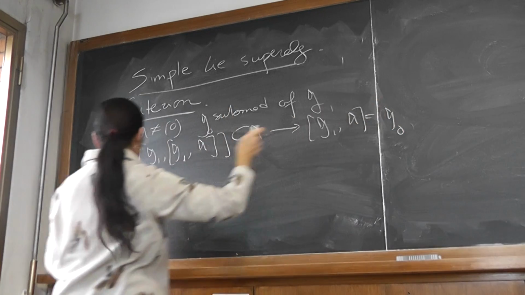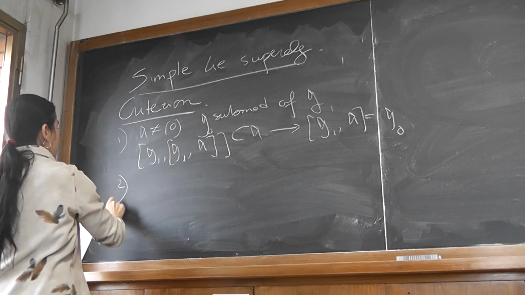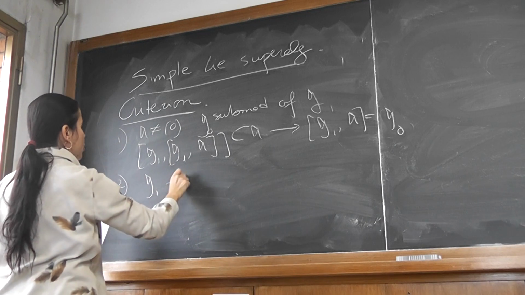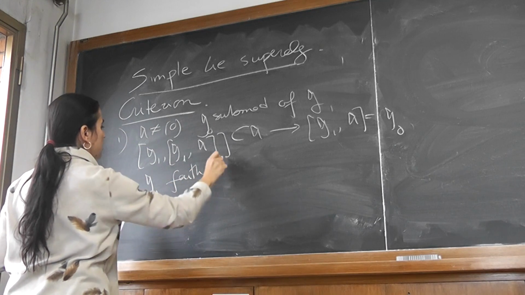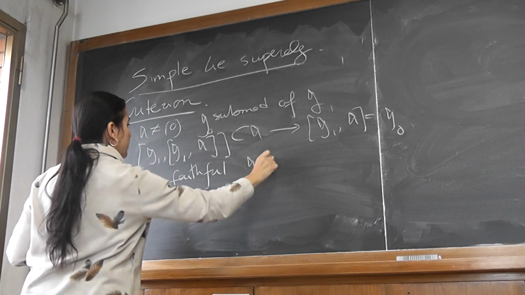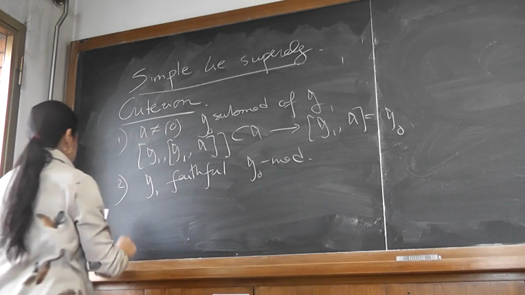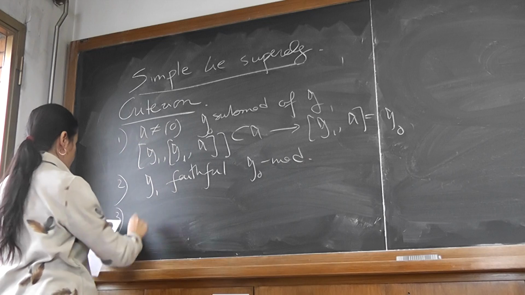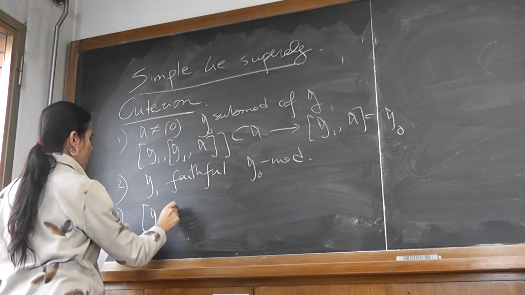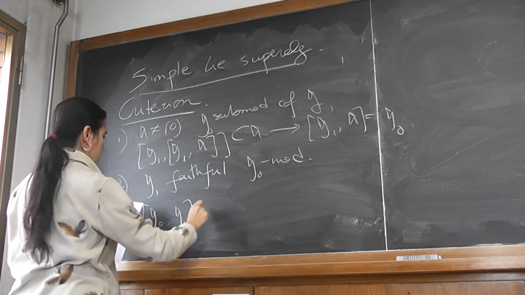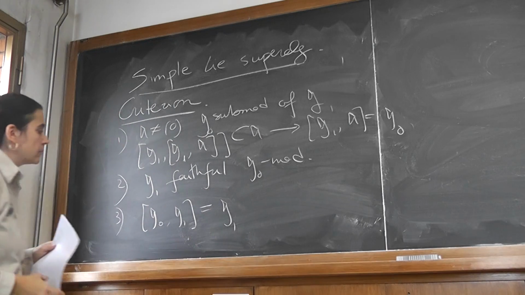Let's write it and make the comment later. And then we have G1 is faithful as a G0 module. And 3, G0, G1 is equal to G1.